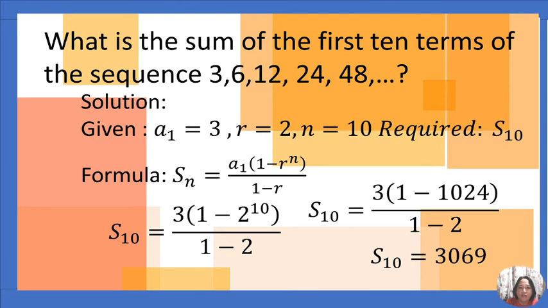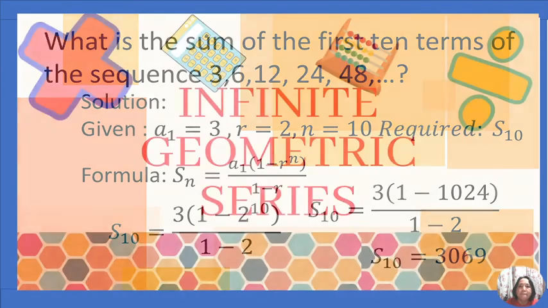So you have 3 times the quantity of 1 minus 1024 over 1 minus 2. So when you simplify that, that is 3069. So the sum of the first 10 terms of the sequence 3, 6, 12, 24, 48 is 3069.